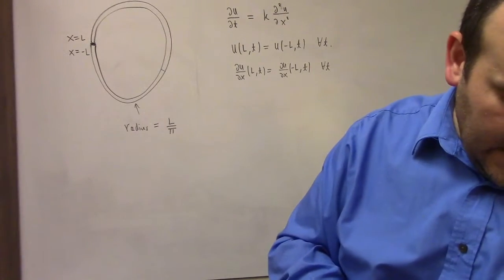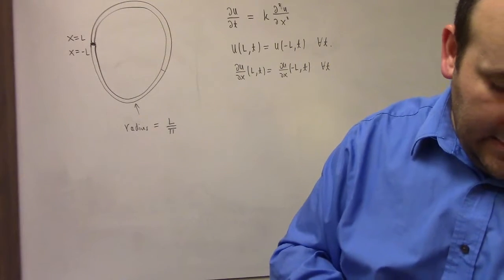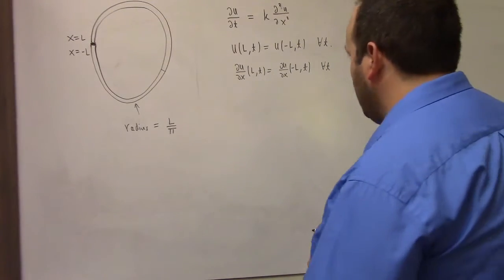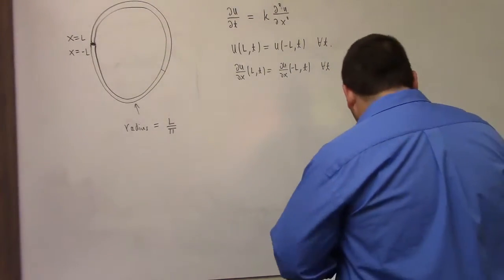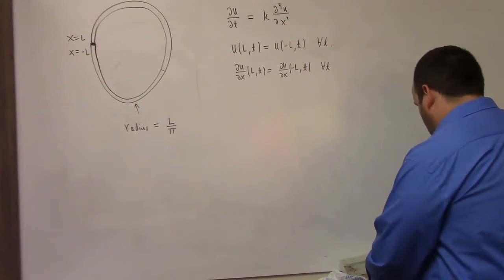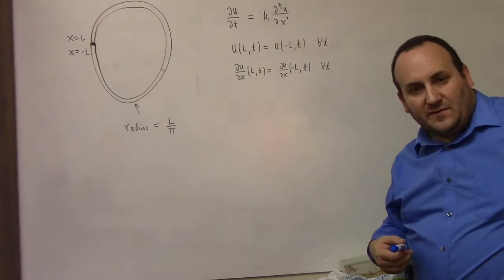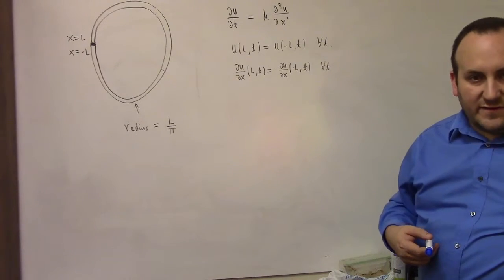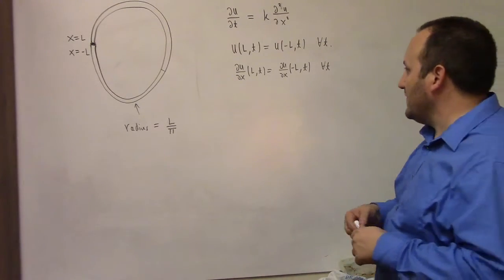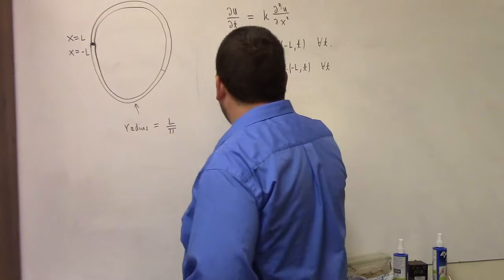All right. So then, the problem is, if you're given an initial temperature distribution on the ring, then how does the temperature evolve? Solving this heat equation will answer that question specifically, right? So here's basically the problem.